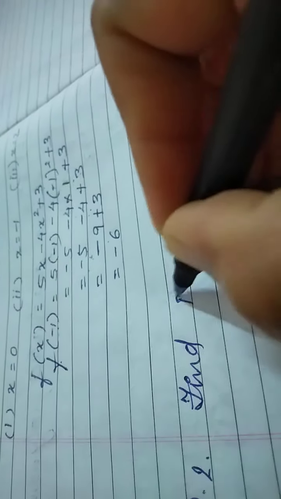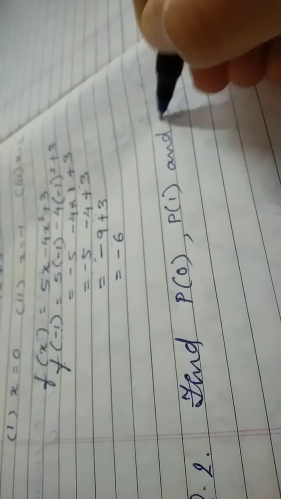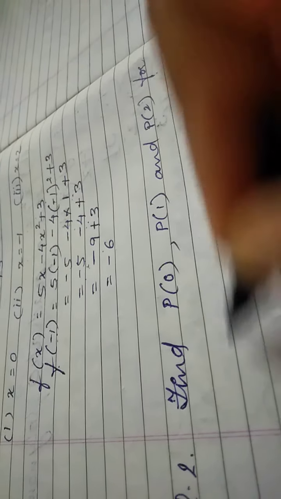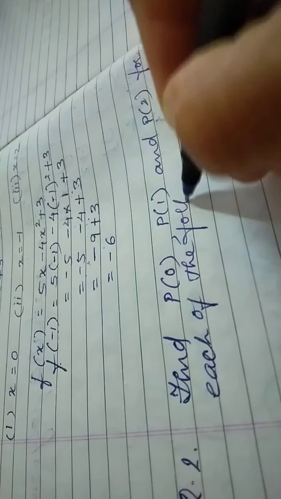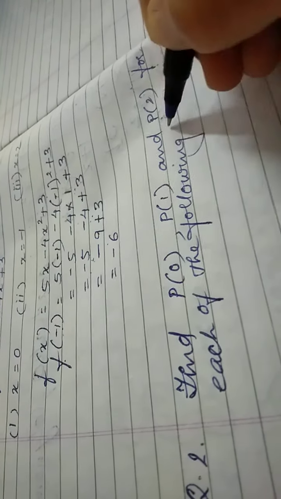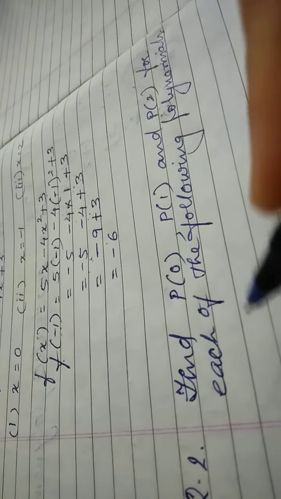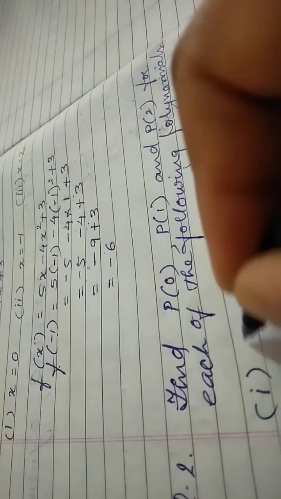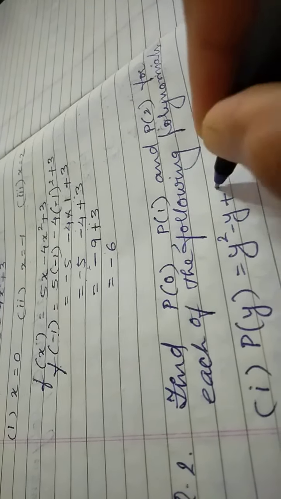So let's see, find P0, P1 and P2 for each of the following polynomials. The first polynomial given to us is p of y is equal to y square minus y plus 1.